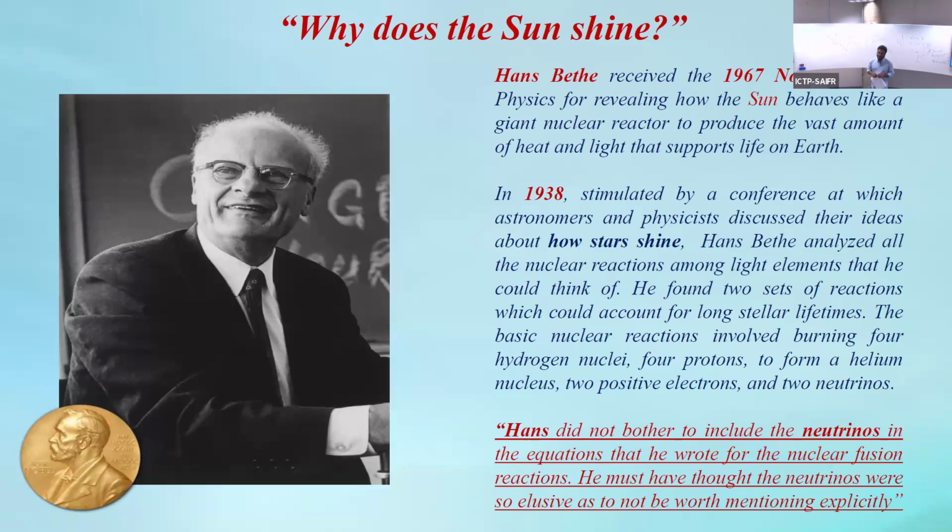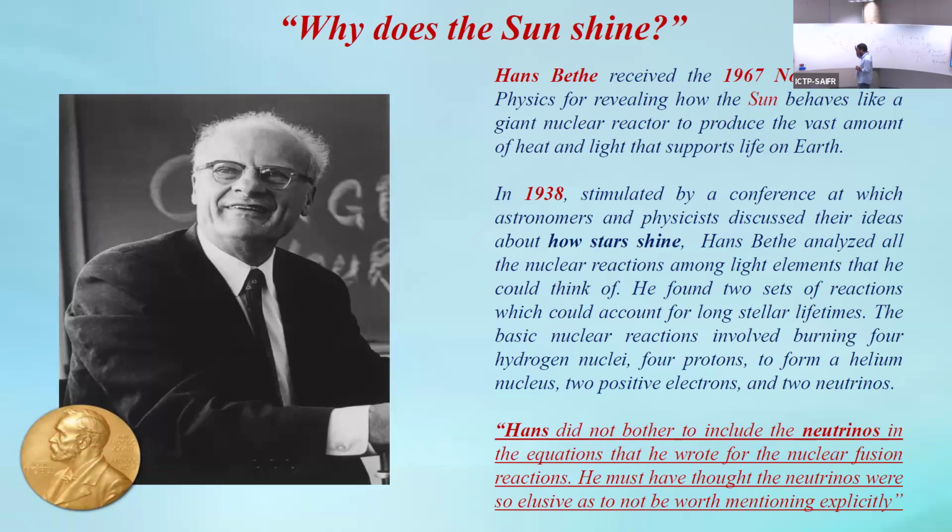But one thing he did not do: in all his equations, he never wrote down neutrinos. John Bahcall, in one statement, wrote that Hans did not bother to include the neutrinos in the equations that he wrote for the nuclear fusion reactions. He must have thought that neutrinos are so elusive as to not be worth mentioning explicitly.